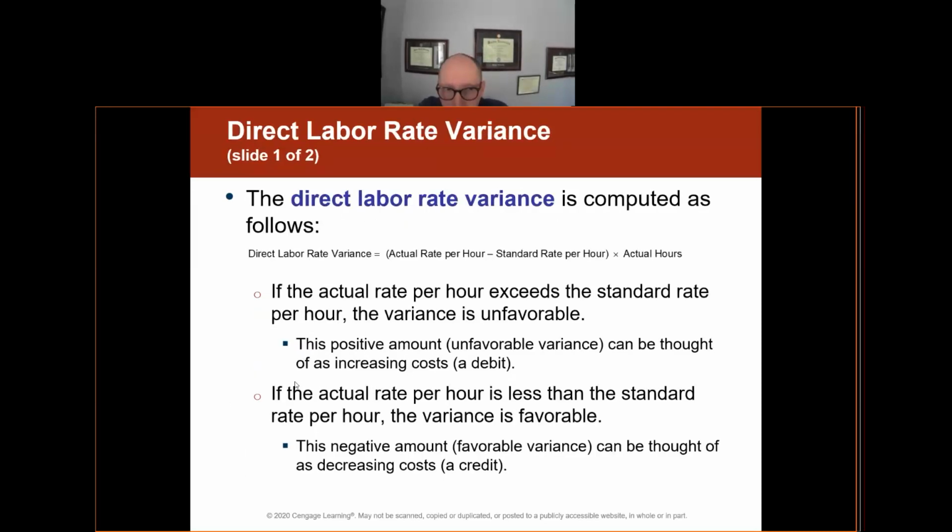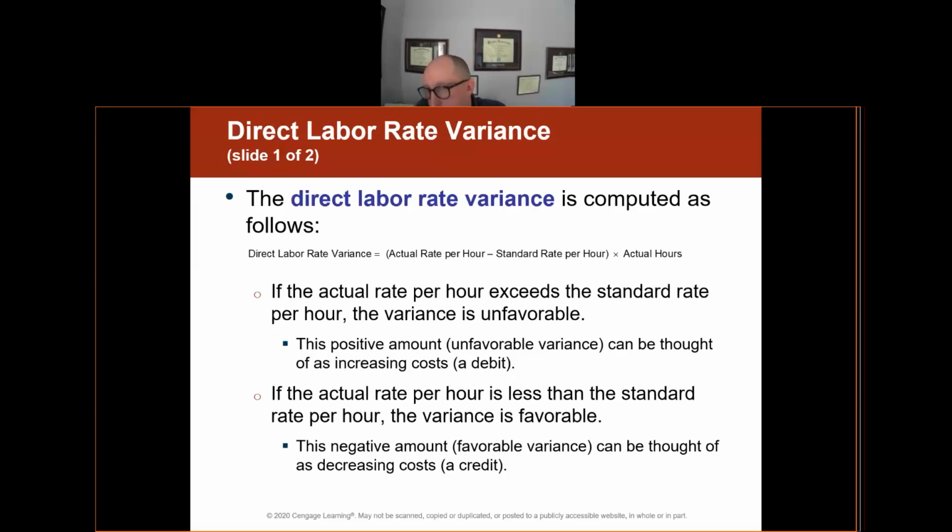So let's figure out the actual variance, okay? So our actual rate per hour minus the standard rate per hour times the actual hours. Actual rate per hour, $10, minus standard rate per hour, $9.